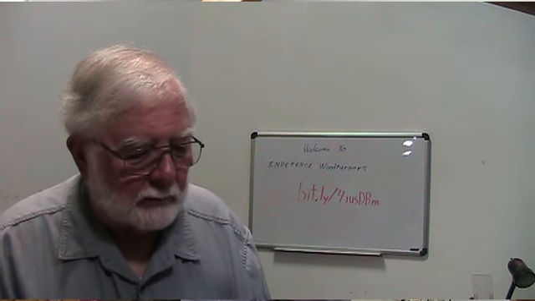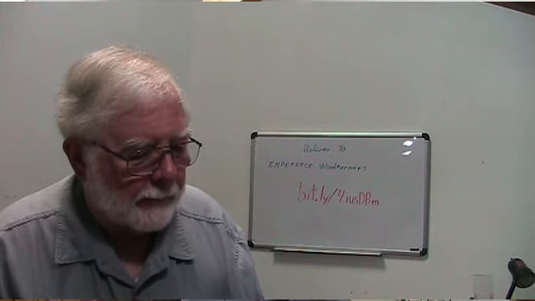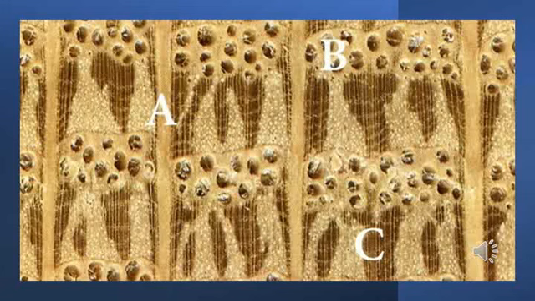All right. We're looking at the end grain of a piece of wood. The features here, this letter A, that's marking out a ray.